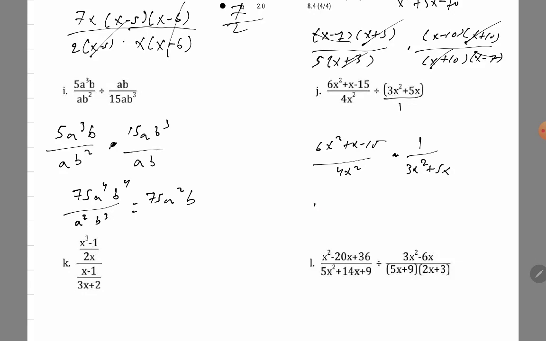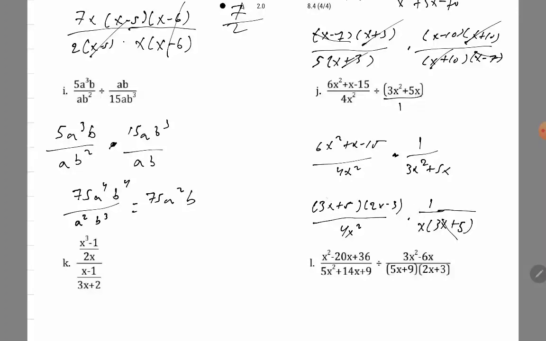So on the top here, I'm going to get 3x plus 5, 2x minus 3 over 4x squared times 1 over, I'm going to factor out an x.